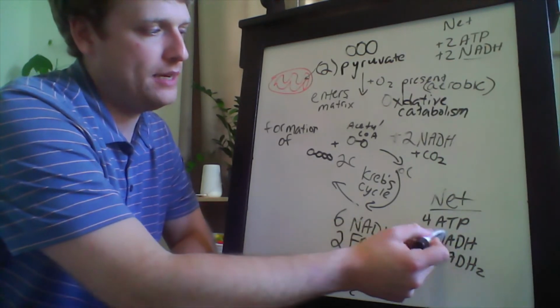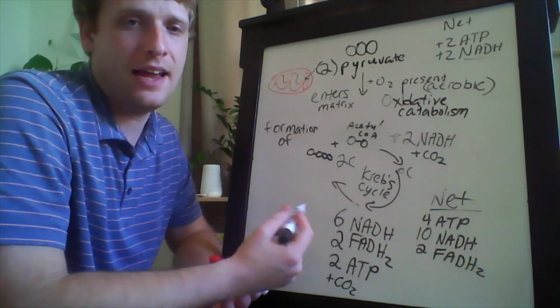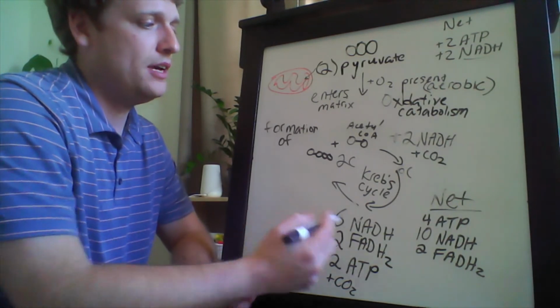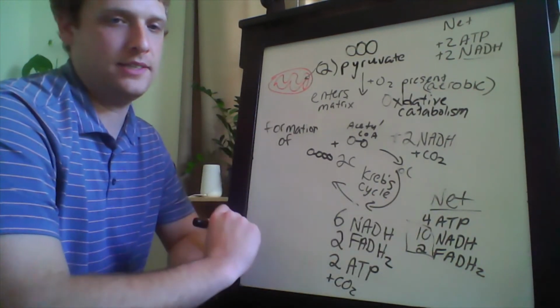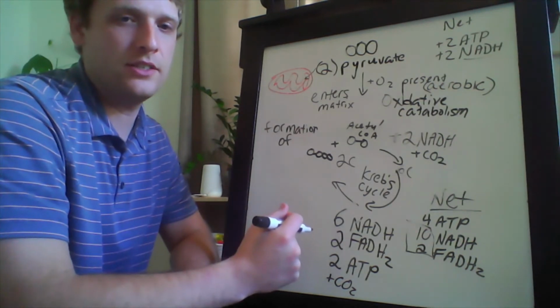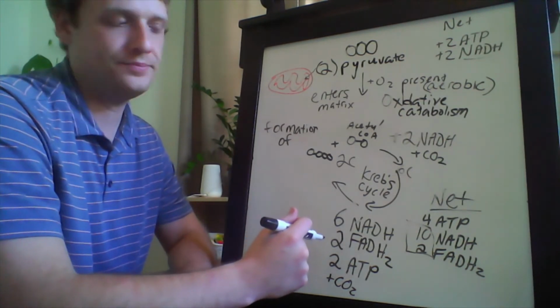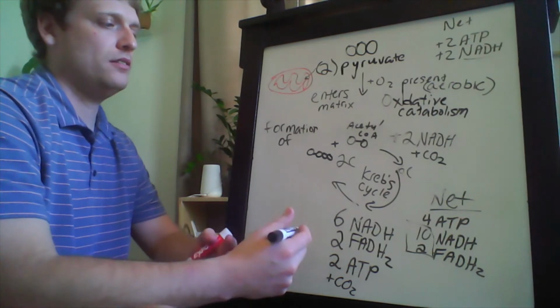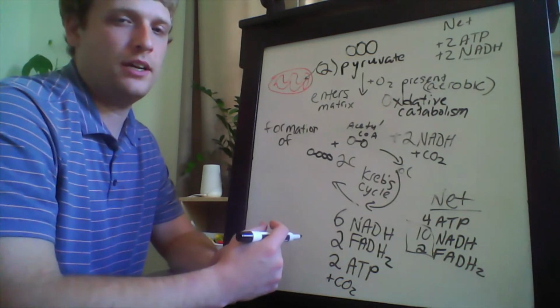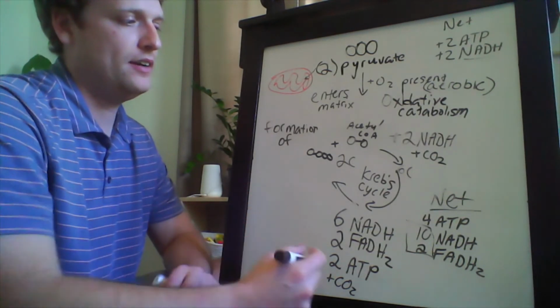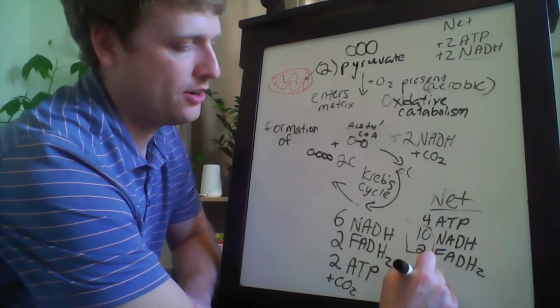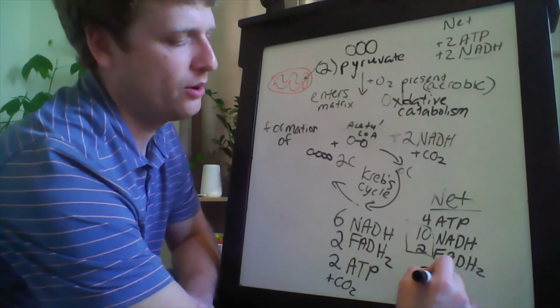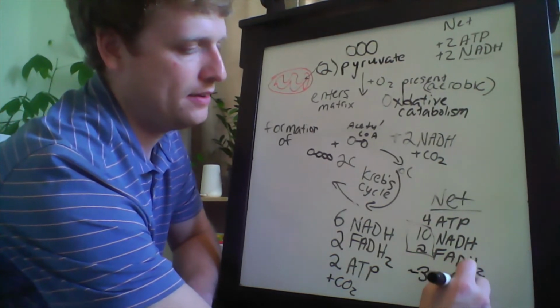Now, 4 ATP isn't actually all that much, but when these 12 reduced coenzymes take their electrons to the electron transport chain, the electron transport chain production of ATP for every 12 of these is going to produce around 34 molecules of ATP.